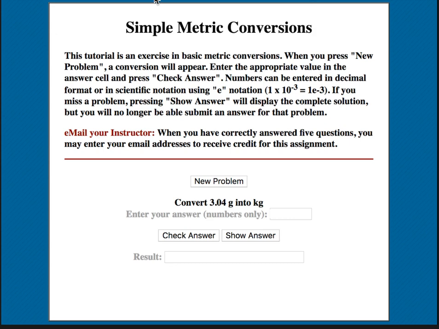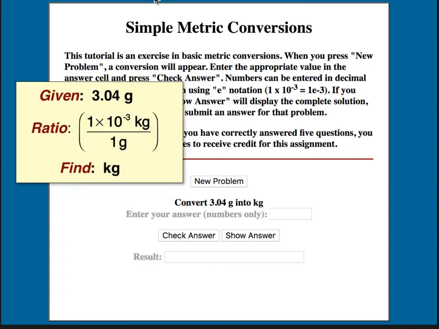The ratio we want is going to be between grams and kilograms. Now, there are lots of ratios you could write, lots of them. As long as they're valid and gram is in the denominator, that works. This is one set that works. Our given is 3.04 grams.